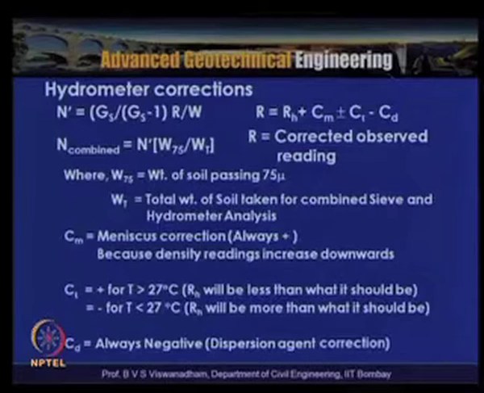So, what is done is that the temperature correction is done negative, and Cd is always negative, because in order to prevent the flocculation of the soil particles while preparing the suspension, the dispersion agent is used, like sodium carbonate or sodium oxalate, to deflocculate the soil. So, to account for the dispersion agent concentration, the dispersion correction is always negative.